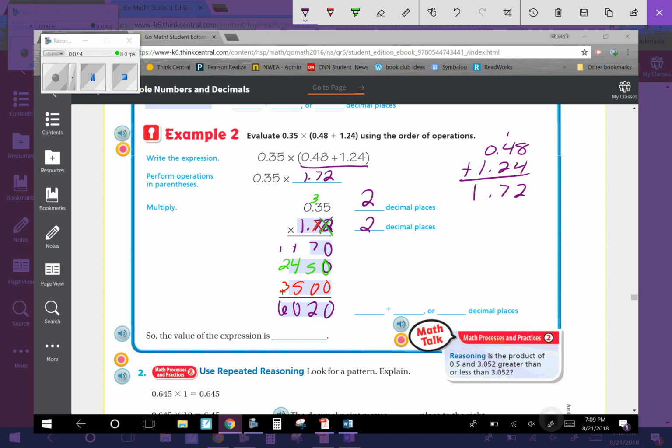I'm not done because I had 2 decimal places in the top number, 2 decimal places in the bottom number, which equals 4 total decimal places. So I need to move it 1, 2, 3, 4. So my number, the value of the expression, is 0.6020.